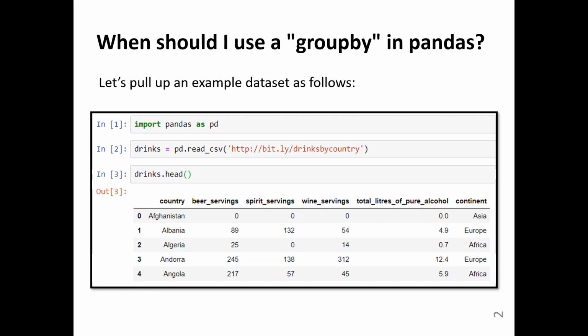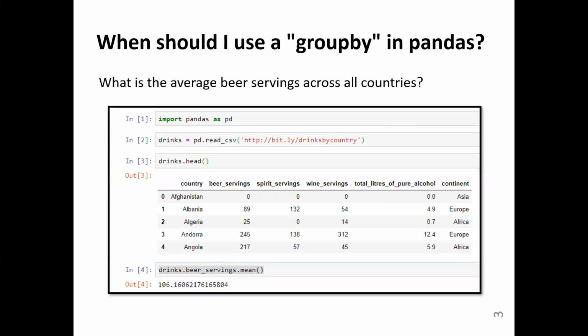Thank you. Okay, now we want to calculate the overall average by saying drinks.beer_servings.mean.